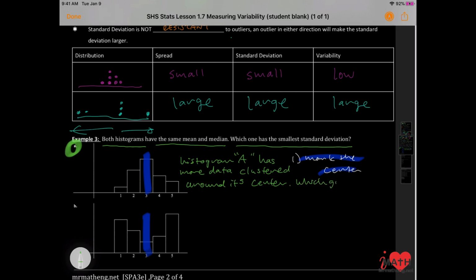Which gives it less or a lot? Less variability, which results in, is it a large or small spread? Small standard deviation.